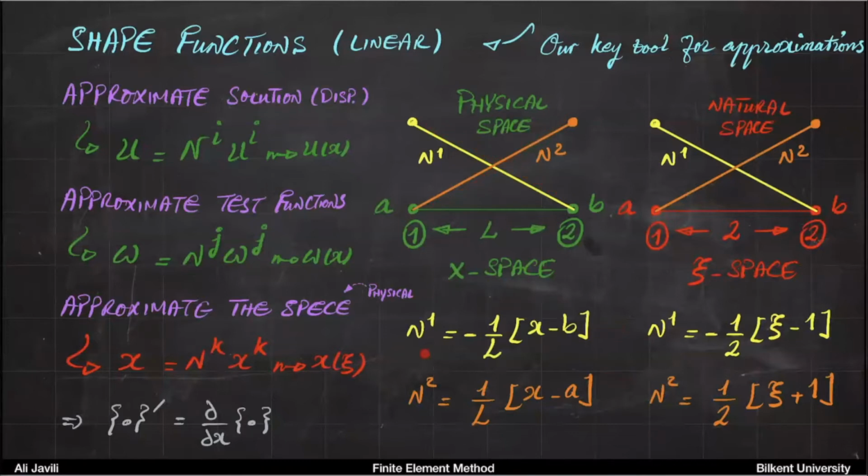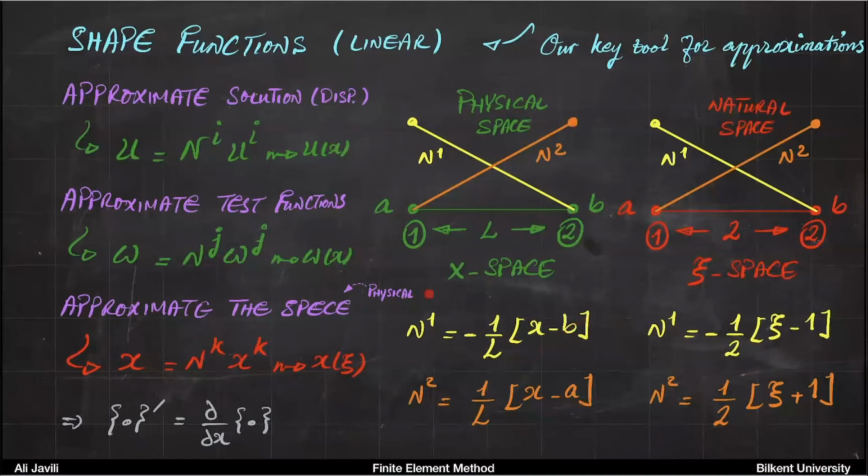So N1 is minus 1 over L times (x minus b), N2 is 1 over L times (x minus a). Again, the idea is exactly the same thing. N1 is 1 at node 1, is 0 at any other node, let's say node 2 in this case. N2 is 1 at node 2, is 0 everywhere else.